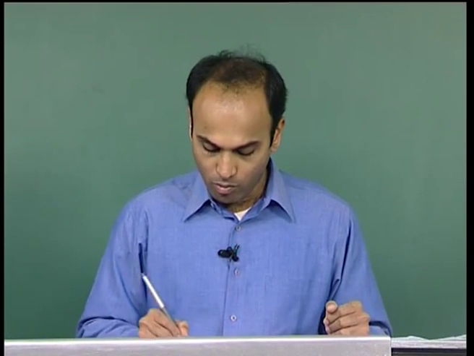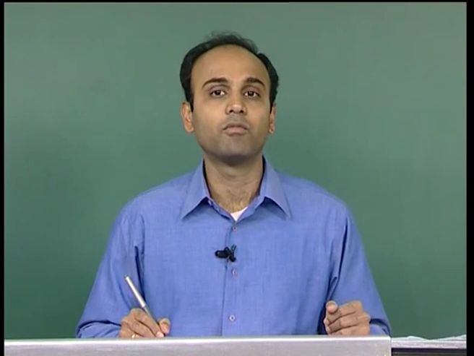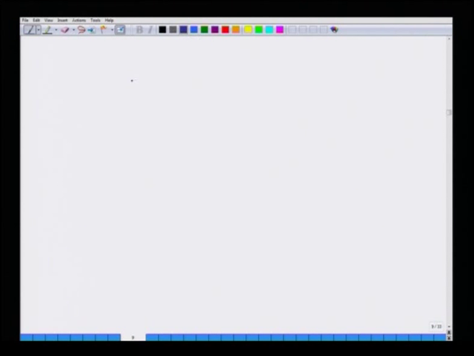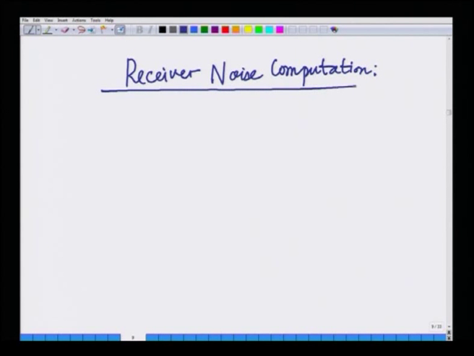Okay. So, now we move on to the next topic, which is one of the most important parts at the cellular receiver, which is to characterize the noise process. The next aspect we want to tackle is the receiver noise computation. Receiver noise is nothing but the thermal noise that is present at the receiver.